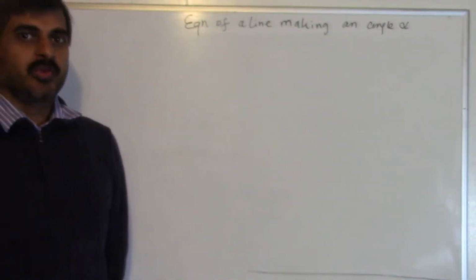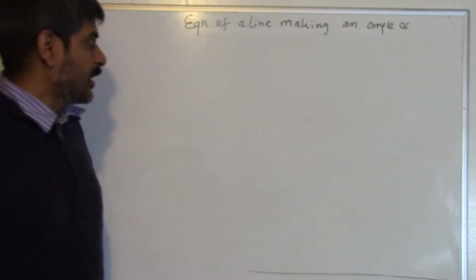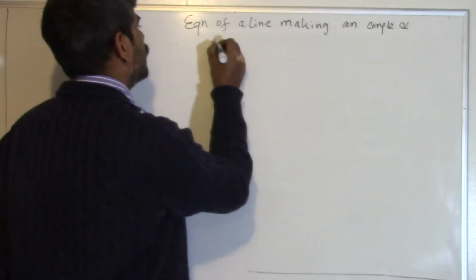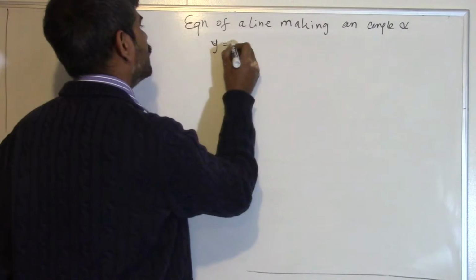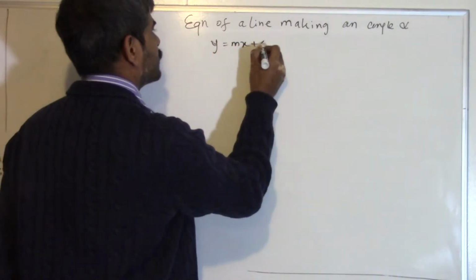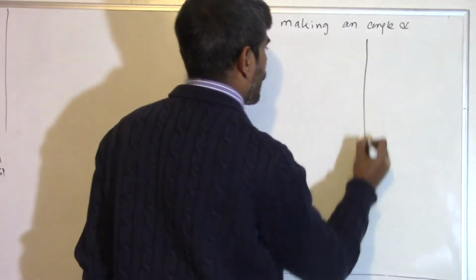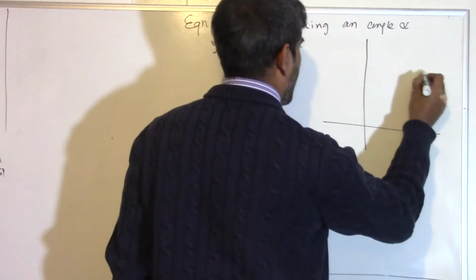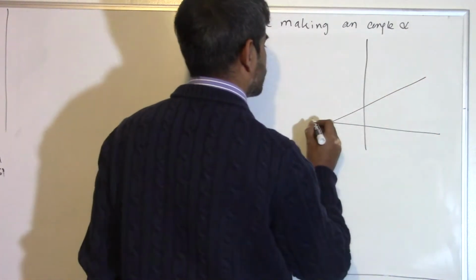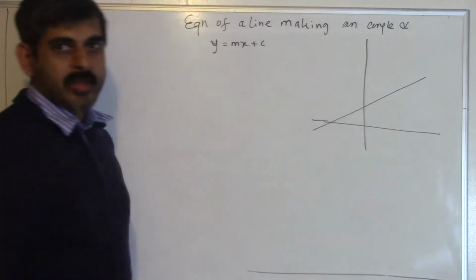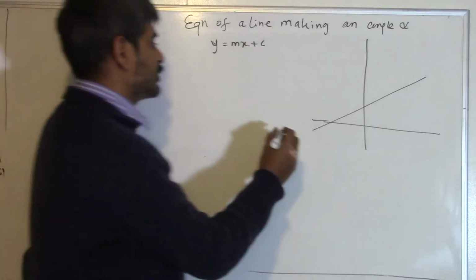Let's now focus on trying to find out the equation of a straight line making a certain angle with a given line. Let the given line be y is equal to mx plus c. This is the line, that is y is equal to mx plus c.